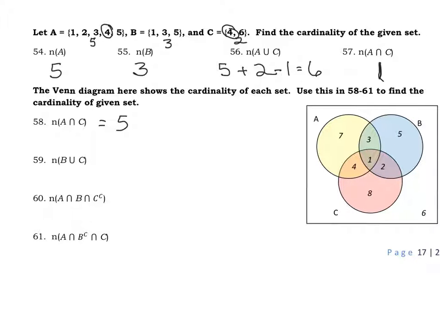Let me get rid of that. Okay, and then when they're talking about the cardinality of the union of B and C, they're talking about this whole region here, B union C. So I'm going to be adding the 3 and the 5 and the 1 and the 2 and the 4 and the 8.